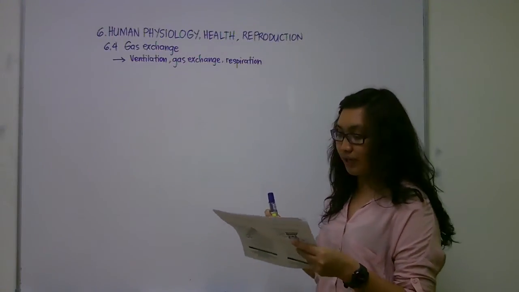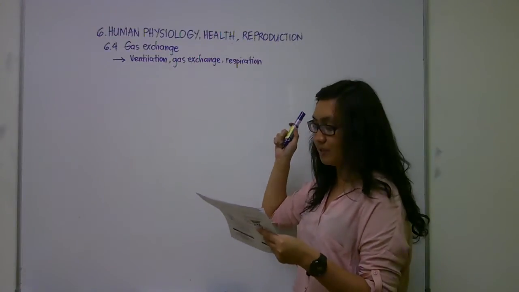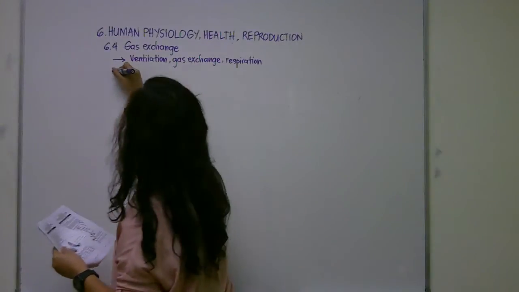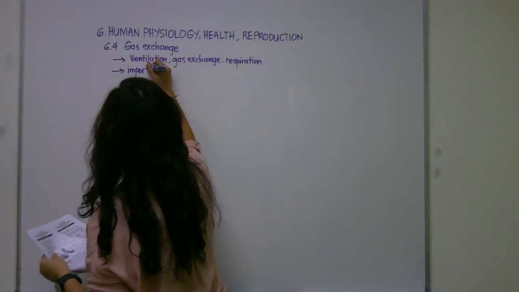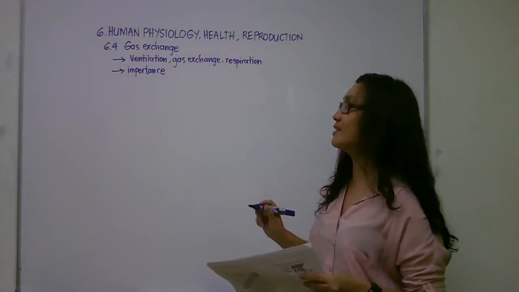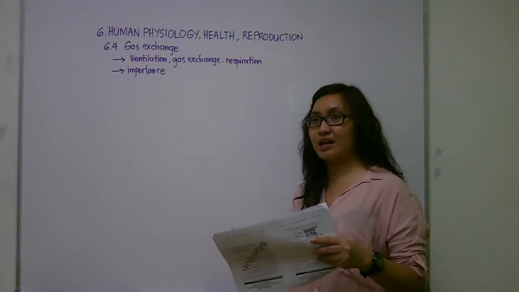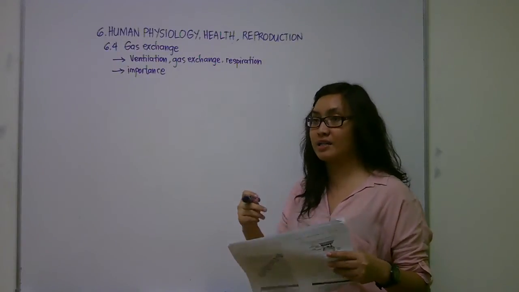Okay, so right after identifying the differences between these three terms, of course we have to include the importance of gas exchange. Why is it important? Our cells need to acquire necessary materials.